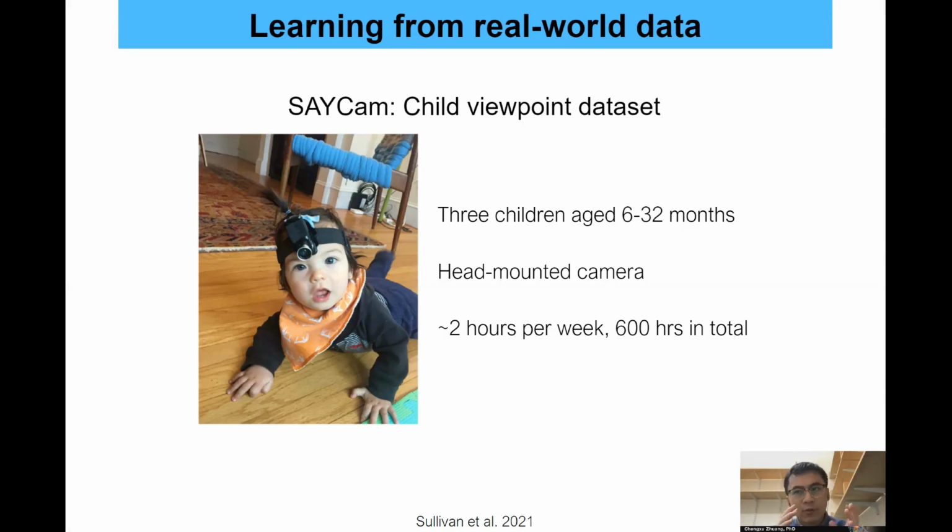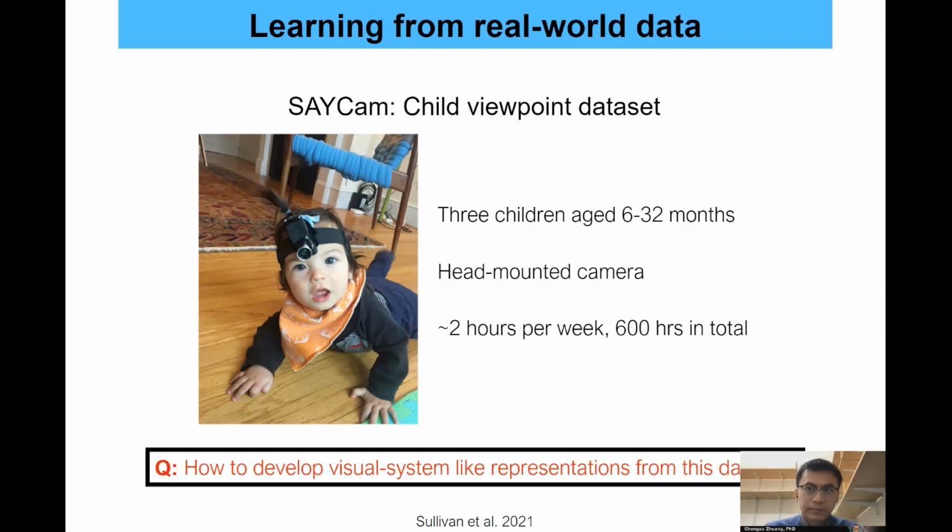It's still a small collection of what the children actually see during development, but it's a good sample of the actual visual statistics. Our next question is then how to develop visual system-like representations from this data set.